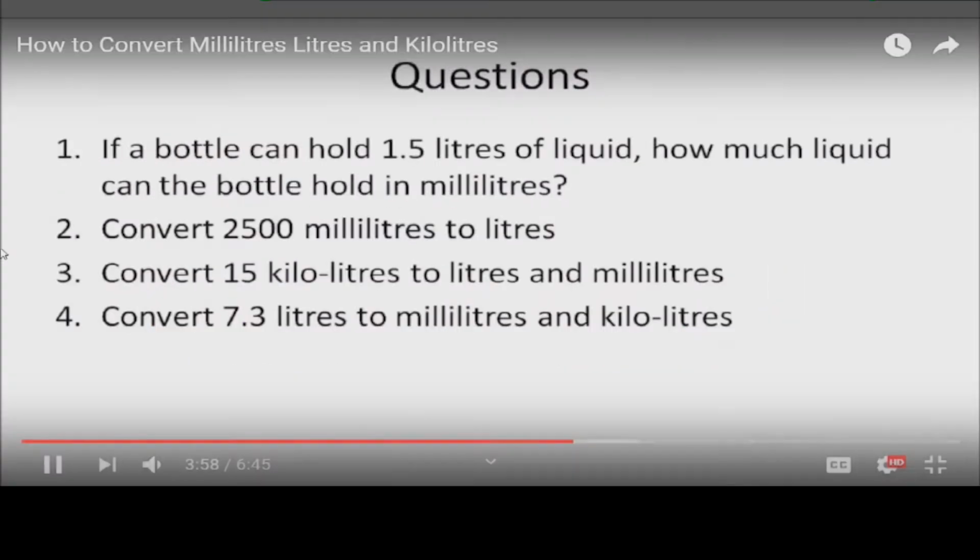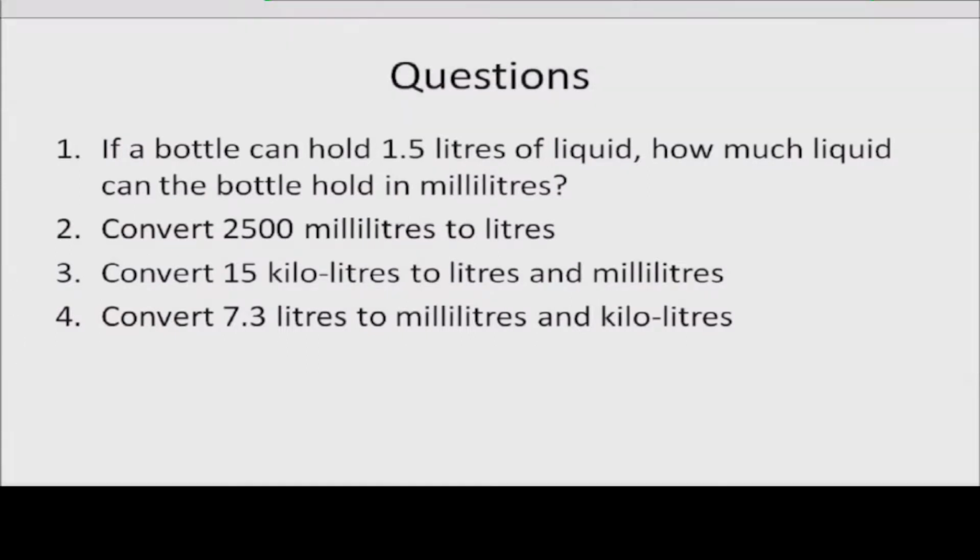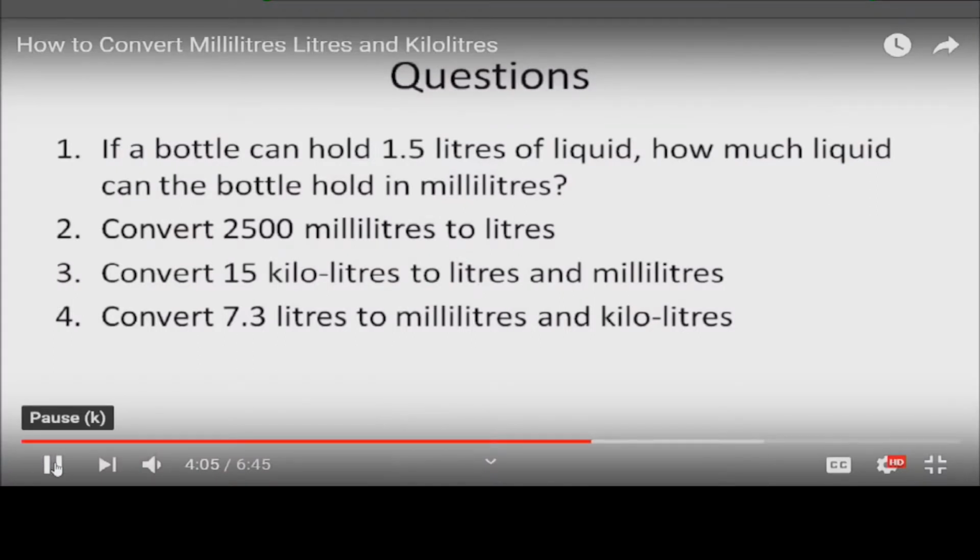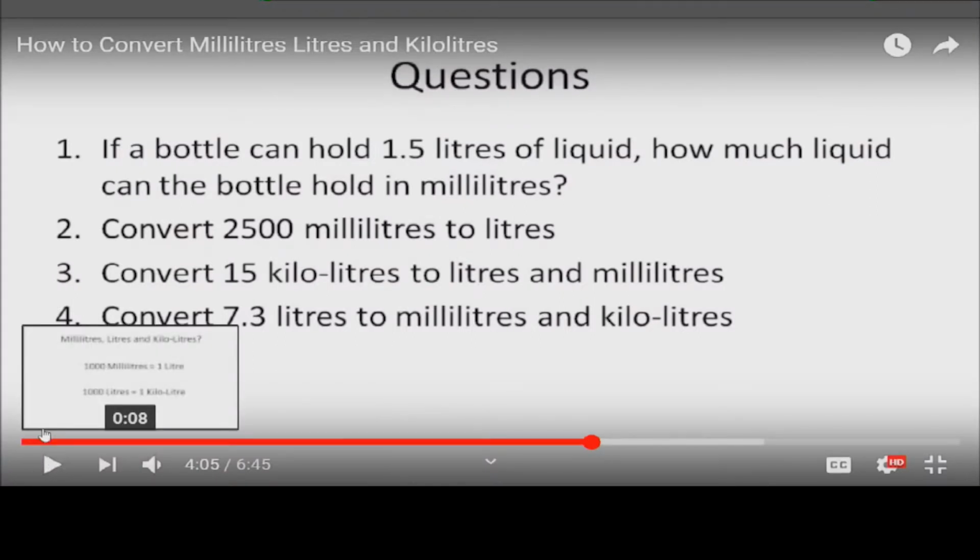Some questions. If a bottle can hold 1.5 liters of liquid, how much liquid can the bottle hold in milliliters? Remember that one? That's what we did on the board. 1.5 liters is 1,500 milliliters.